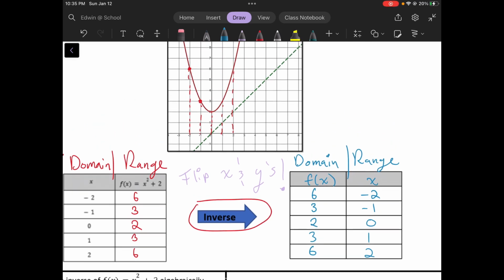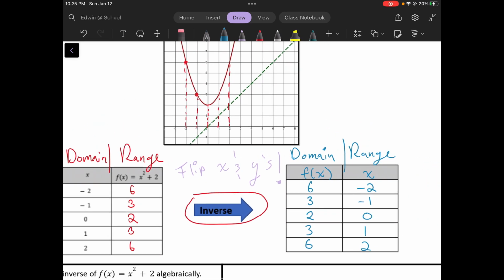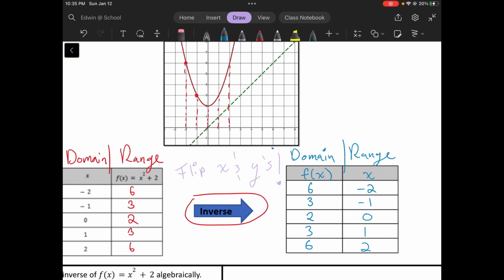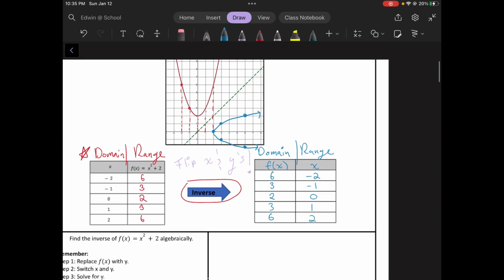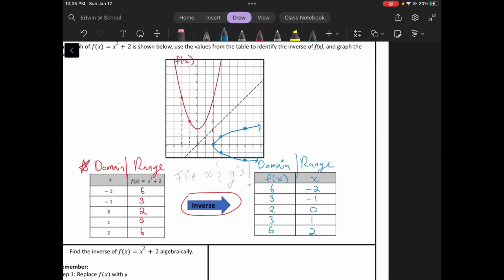And if we plot all of these points, we're going to end up with a shape like this on the graph. So 6, negative 2 is going to be somewhere here. 3, negative 1 is going to be right here. 2, 0, 3, 1, and then 6, 2. So far that looks pretty good. We just flipped the points.